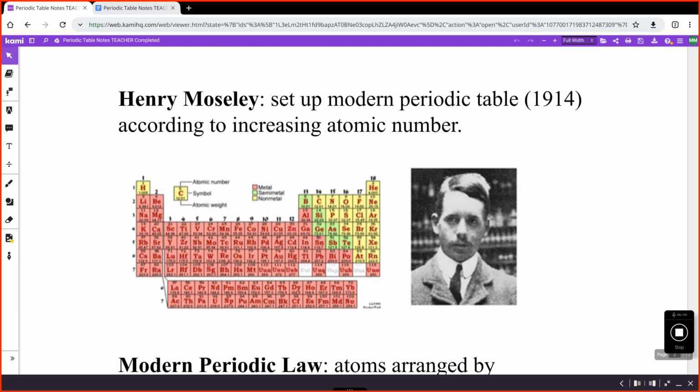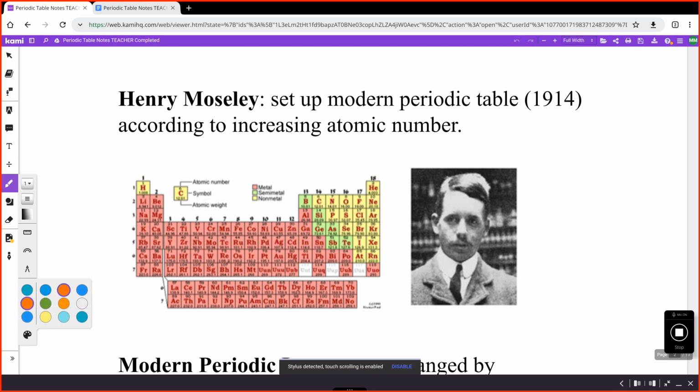We're going to explore why it looks the way it does, but really what is being outlined here is that the atomic number increases as you read from left to right. So atomic number 1, 2, 3, 4, 5, 6, 7, 8, 9, 10. And that's the foundation in which this whole table is aligned.